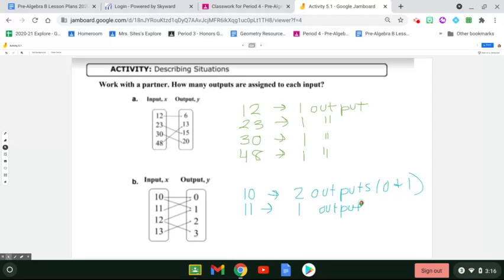It has 0 as an output. 12 has 2 outputs. It has 1 and 3 as its outputs. And 13 has 1 output. It has 2 as its output.